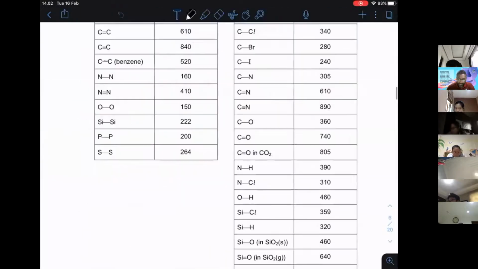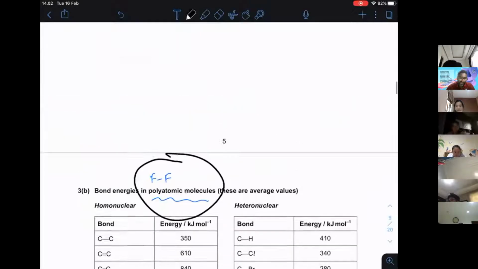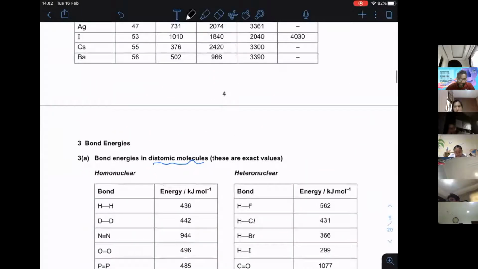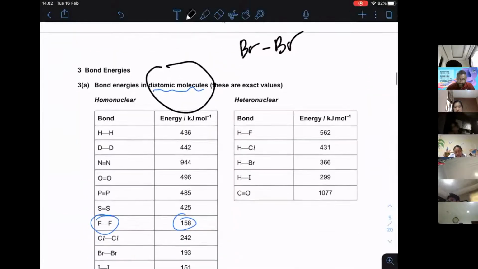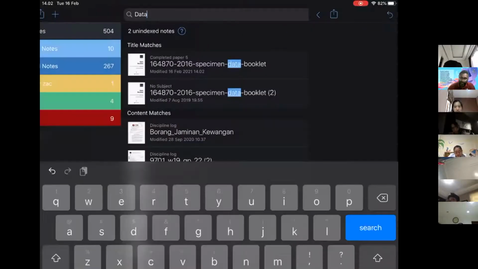Polyatomic means you have multiple atoms. So you always look at diatomic molecules, because Br is going to be a diatomic molecule. So for Br and Br, you look here, 193. Quite simple, you just look over there.